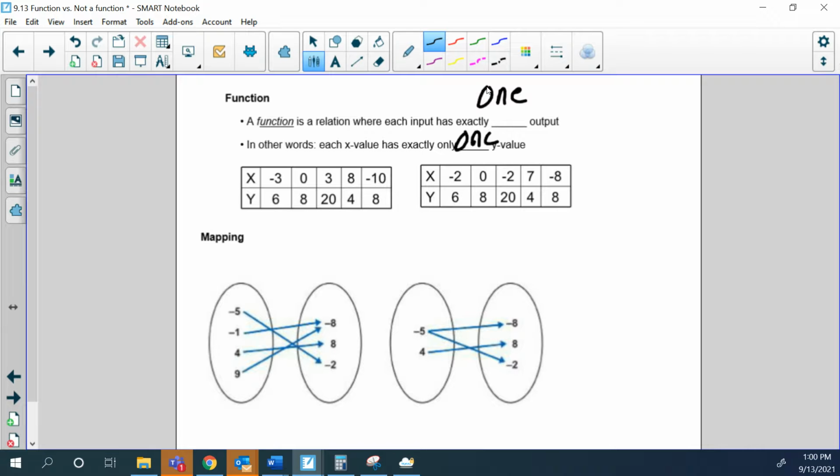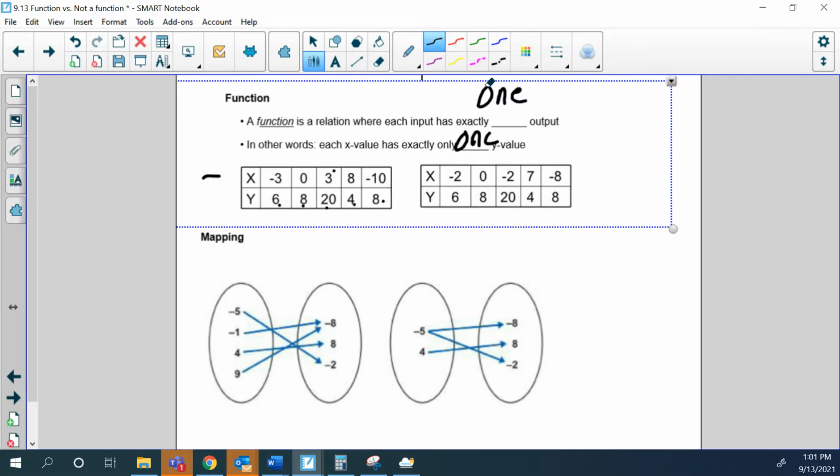So let's look at this first table right here. If you notice, for the x values we have a -3. There's only one -3 and only one 6. There's only one 0 and we have an 8. We have one 3 and a 20. We have an 8 and a 4, a -10 and an 8. So that is a function because for every x value there is one y value.